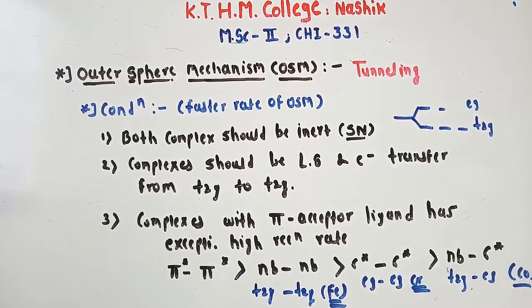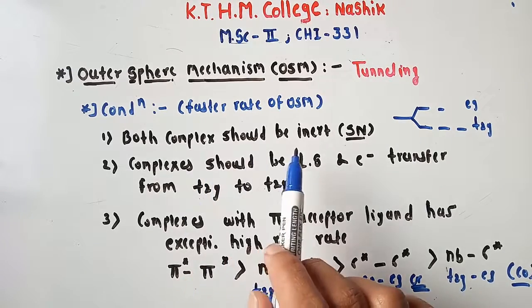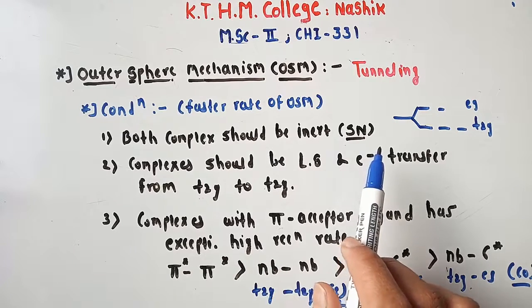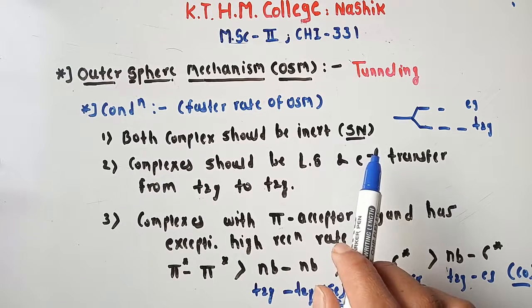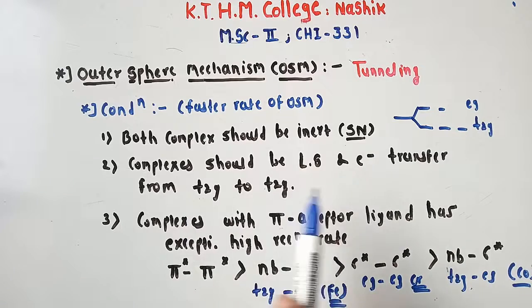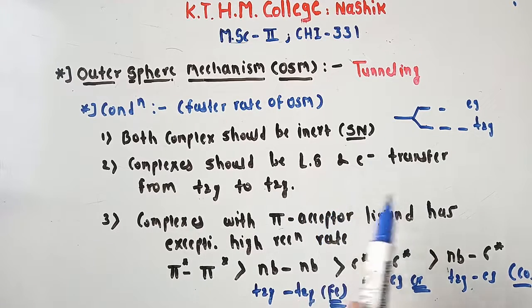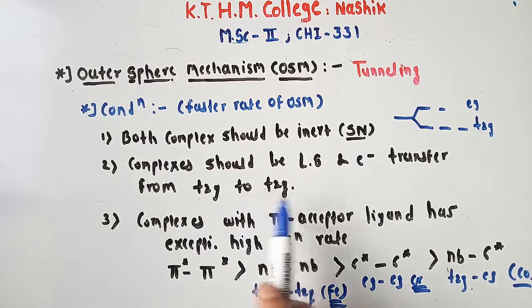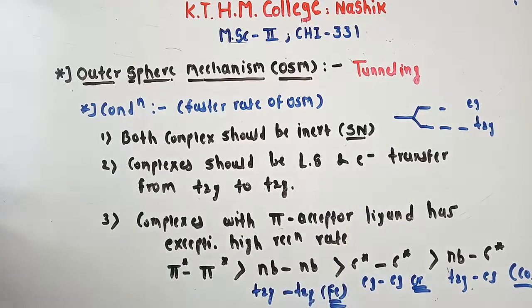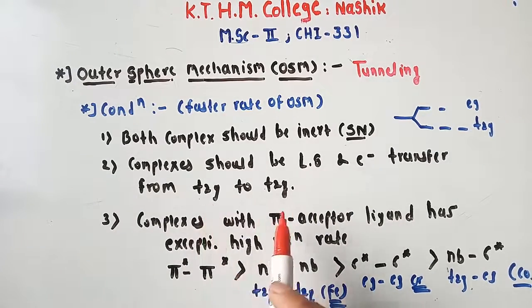These are the four conditions for the outer sphere mechanism. First, both complexes should be inert for nucleophilic substitution reactions. Then the complex should be low spin, with electron transfer from T2g to T2g. Why electron transfer from T2g to T2g?